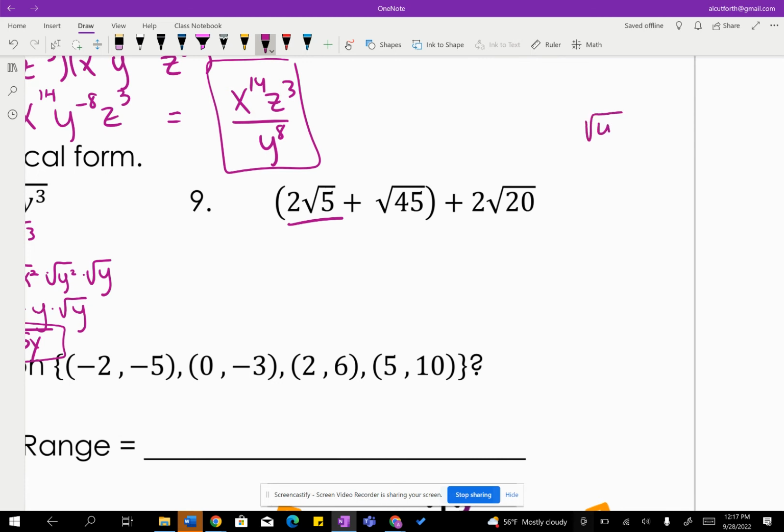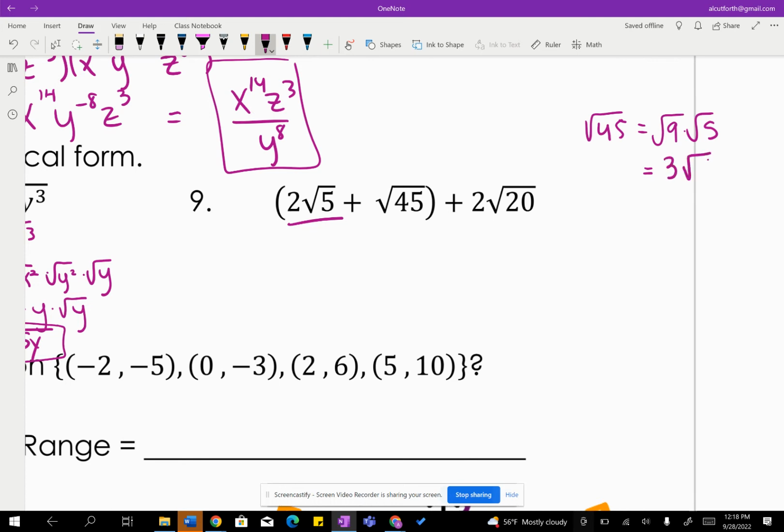But let's simplify square root of 45 together. Biggest perfect square that divides 45 is 9. So this is going to be the square root of 9 times the square root of 5. 9 times 5 is 45. Square root of 9 becomes what? 3.